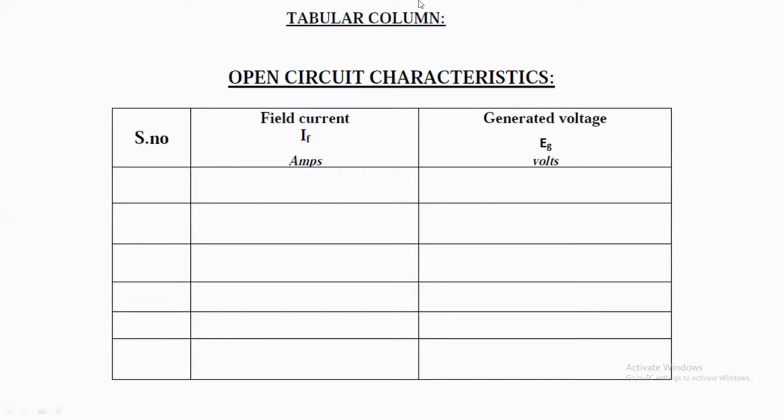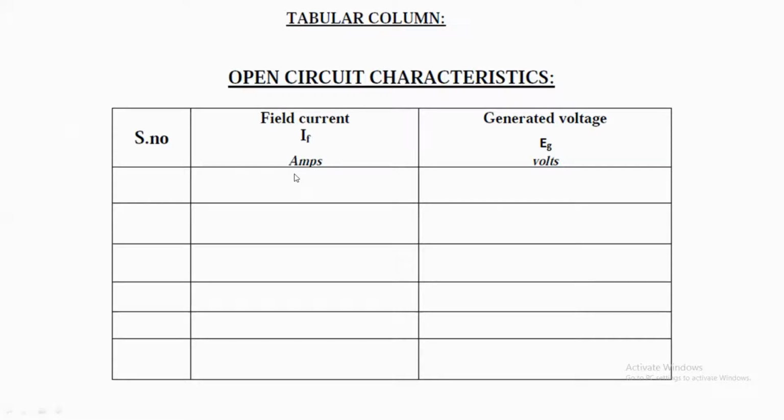Then the required tabular column. Here 2 meters are used: one is an ammeter and the other is a voltmeter. The ammeter is for measuring the field current, and the voltmeter for measuring the generated EMF. As the field current increases, the generated EMF also increases.